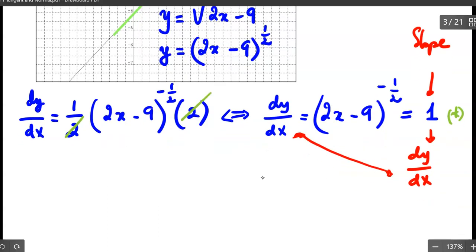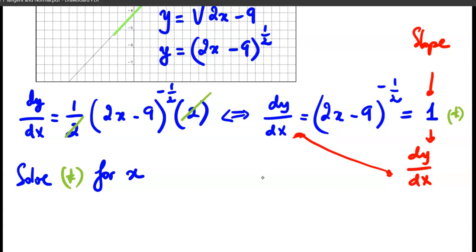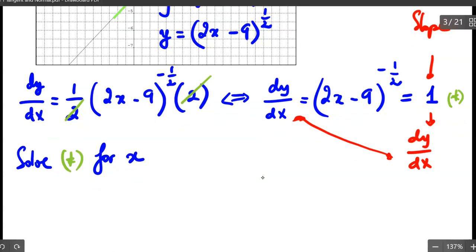You are going to solve the equation for x, right? If you write this equation down like this, you have 1 equal to 1 divided by the square root of 2x minus 9.